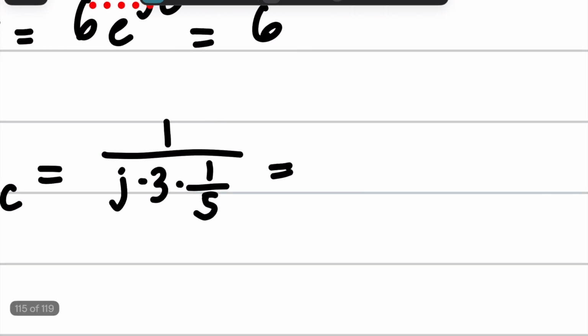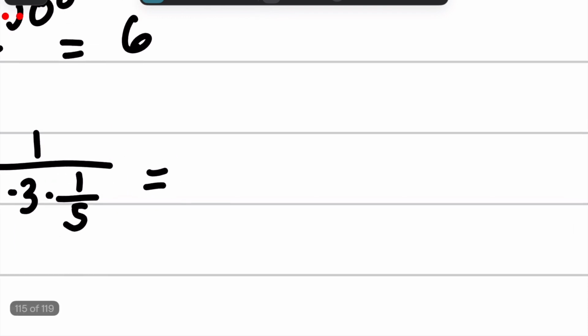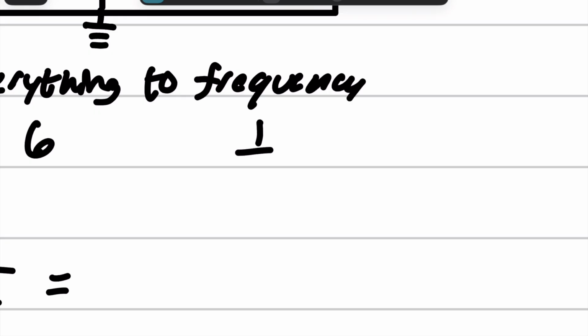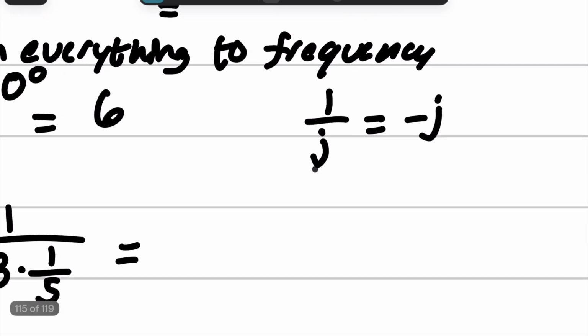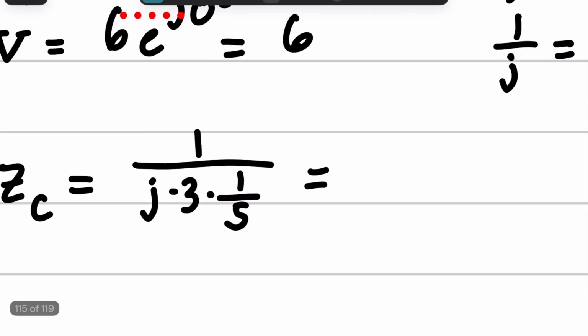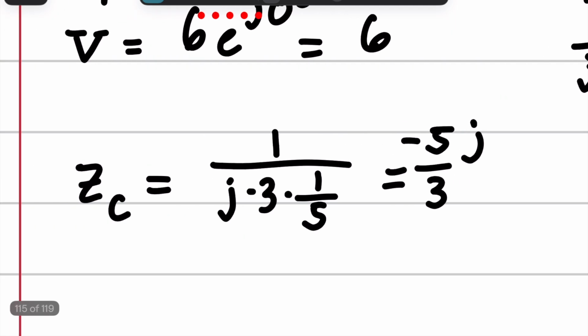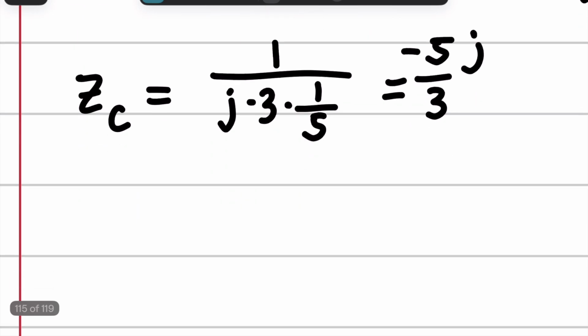I like to simplify this by moving my j's up to the top, and we know that 1 over j is equal to negative j, because if you multiply j over j, you will get negative j. So I'll put the j on the top, flip the fraction, and add a negative sign. So that is the impedance of the capacitor.